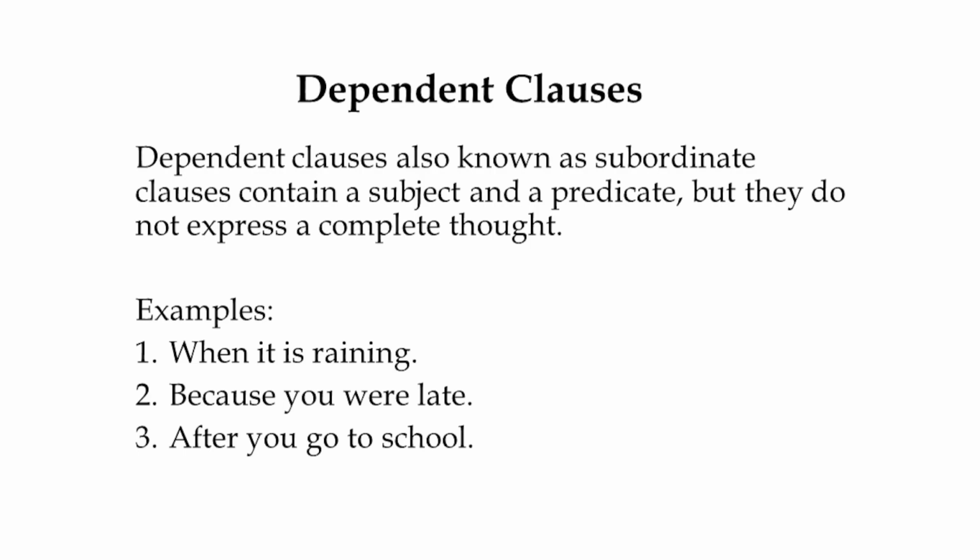Hence, it is an example for dependent clause, when it is raining. The second one, because you were late. Here, you subject, were late, verb, but it has to rely upon yet another sentence to give a complete meaning. Hence, it is an example of dependent clause. The third one, after you go to school.